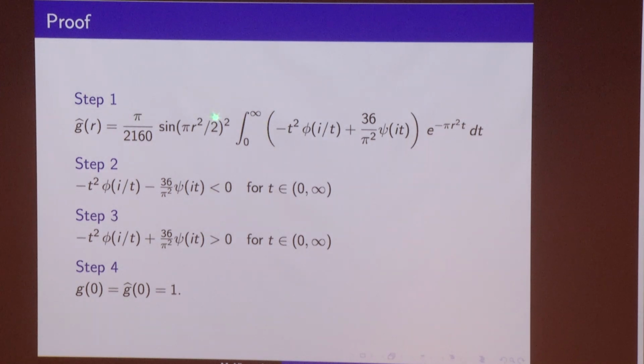As I told you, this integral converges only for R bigger than square root of 2. And when we analytically continue, the sign will change, because this integral will have a pole at that point, and the sine will have a double zero. So they will cancel, and everything will work out nicely.